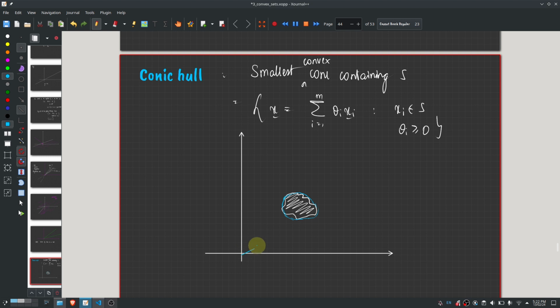So you take a ray that looks something like this, and another ray that takes the other extreme point. So the entire region between these two rays would be the conic hull.